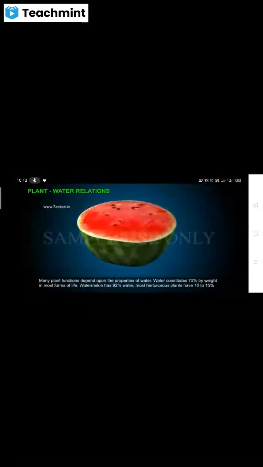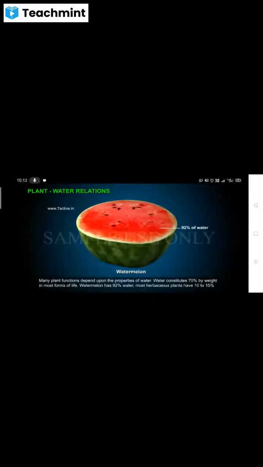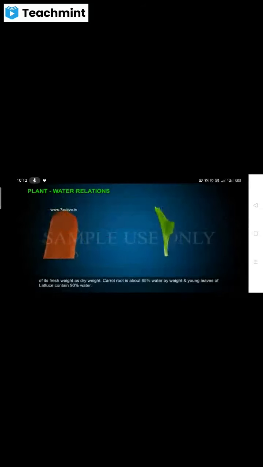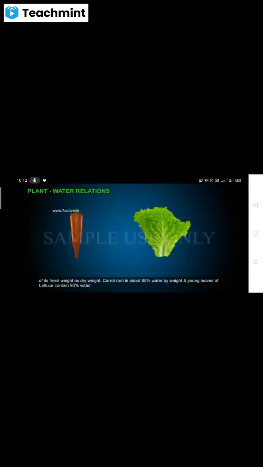In many plants, the functions or properties of water are different. According to the water content, there are different weights of these cells. So here you can see the carrot root. In carrot root there is 85% water, but lettuce leaves contain 90% water.